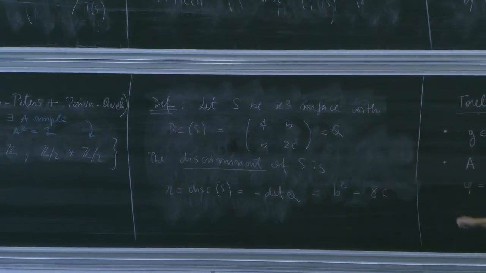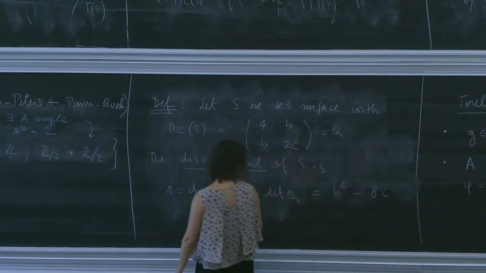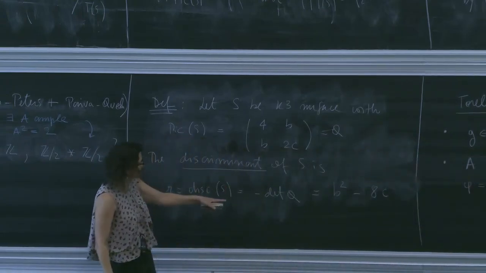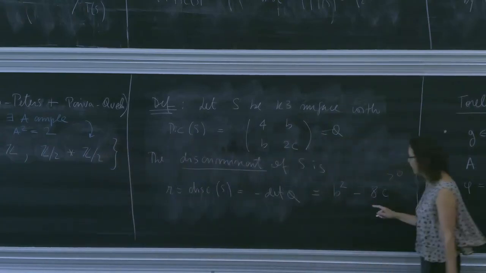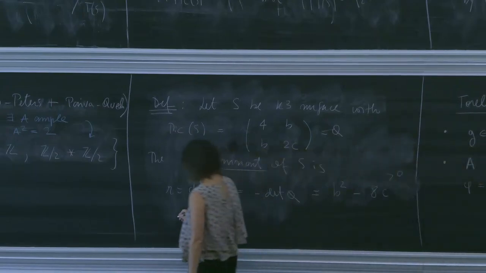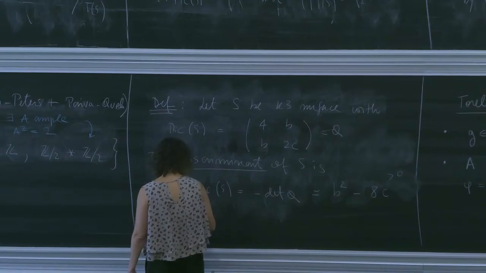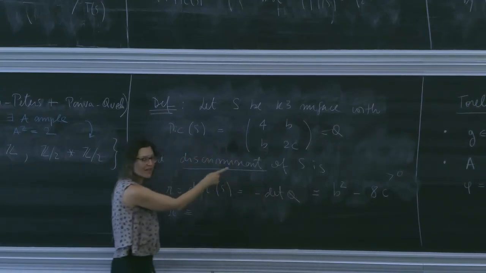So this is just a number that I associate to my K3. The reason that I put this minus here is that this will always be positive, by the Hodge index theorem. So this is a positive integer, and moreover, just from this, we see that R has to be congruent to a square mod 8.